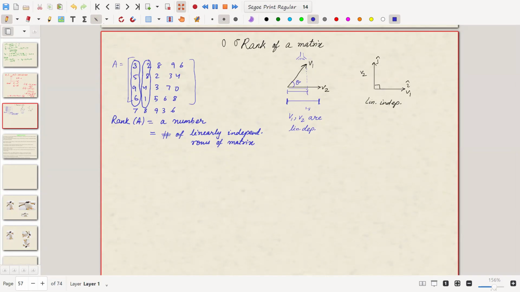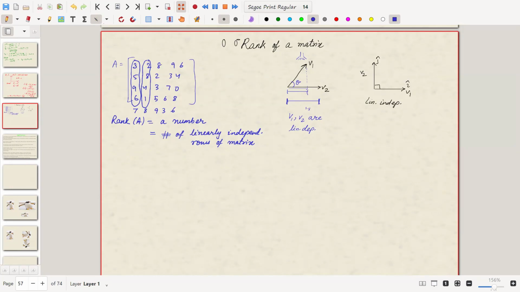Like, can it be the number 19? Can the rank be 19? No. Can the rank be -1? Can the rank be 6, 5, 4, 3? Yeah, so the maximum is 5.